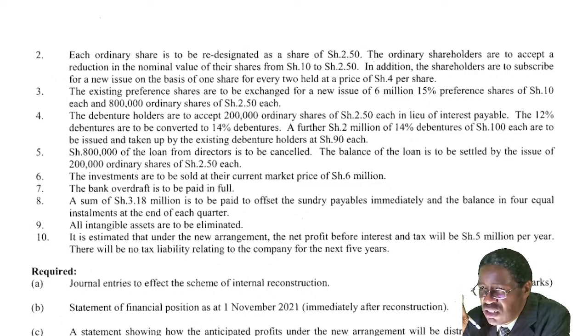They have said a further shillings 2 million of 14% debenture of shillings 100 each are to be issued and taken up by existing shareholders at 90 each. Question is this: how much did we receive from the issue of the debenture?